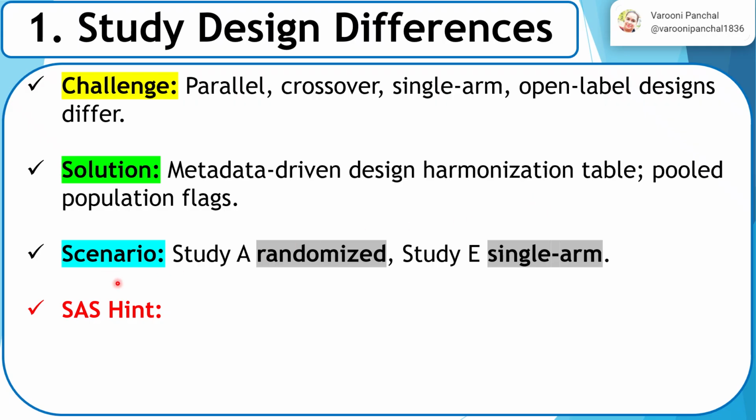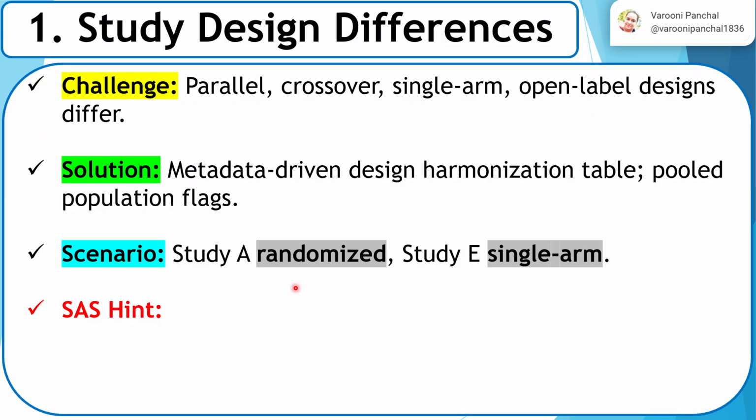So for example, the scenario here is I have a study A which is a randomized design, whereas study E is a single arm design where it's only one treatment. Now this randomization could be either parallel or crossover, and it could also be open label.